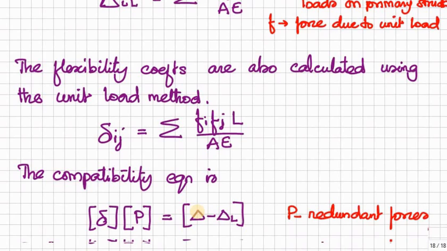For example, if there is a support settlement at a system coordinate, like that. If nothing is given, then delta is equal to 0. The next, delta L, is nothing but the deflection due to external load, which we have already computed using the summation of capital F, small fi, L by AE expression.